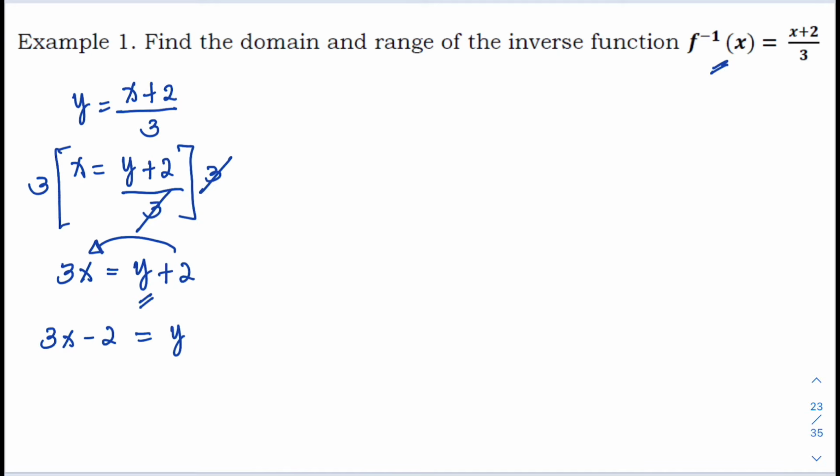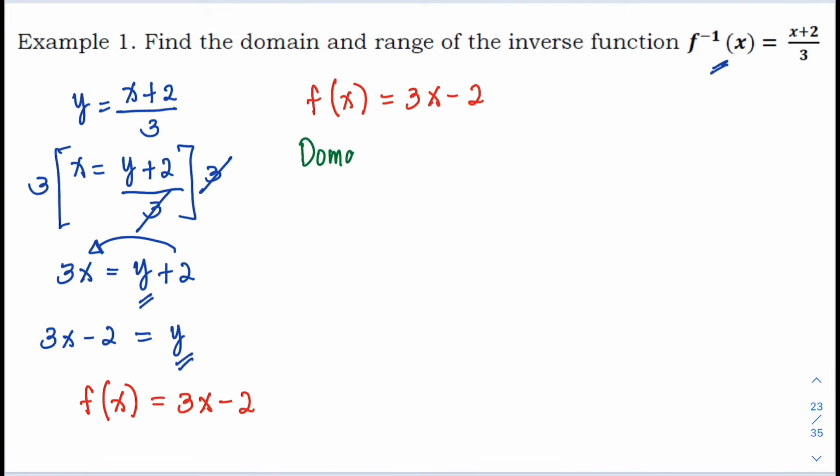Okay, so ngayon na-solve na natin si y. Yung y natin guys, ito na ngayon yung ating original function. Okay, so therefore, ang original function natin is f of x equals 3x minus 2. Okay? So, ngayon, since na-determine na natin yung ating original function, pwede na natin, guys, kunin yung ating domain and range.